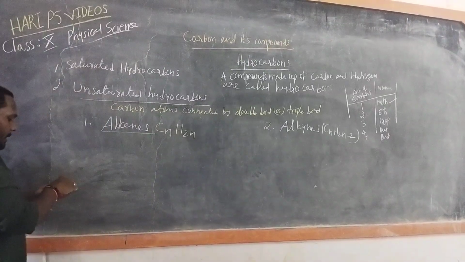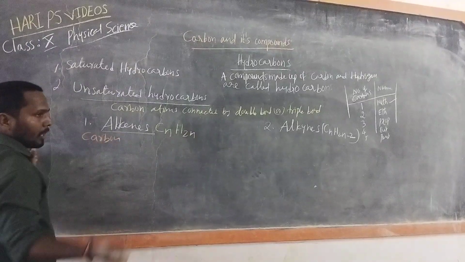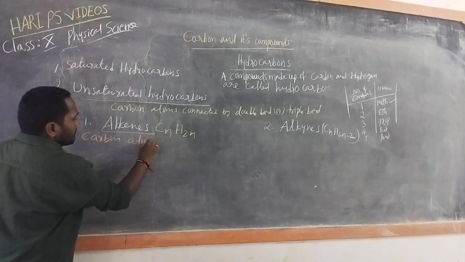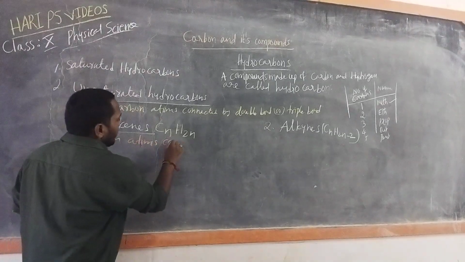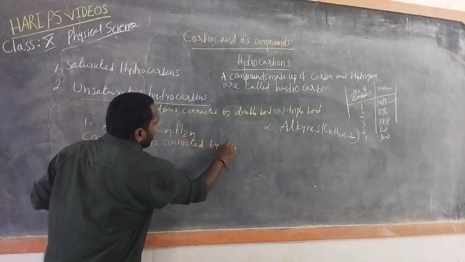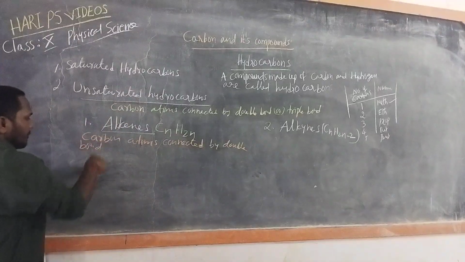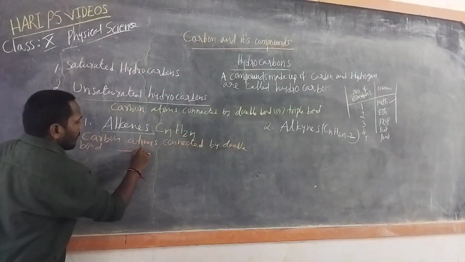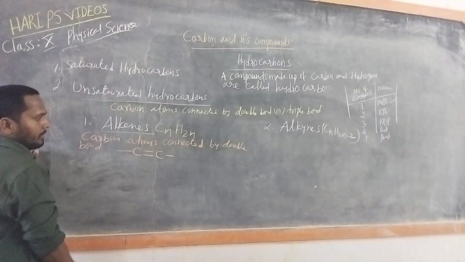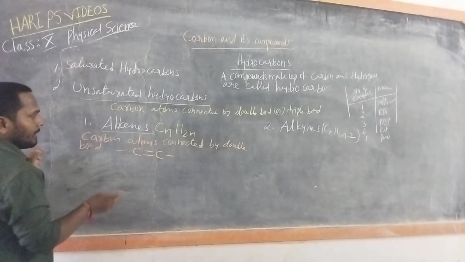So what are alkenes? In alkenes, carbon atoms in a hydrocarbon or organic compound are connected by a double bond. For example, carbon and carbon, 1, 2. How many bonds between the 2 carbon atoms? 2.